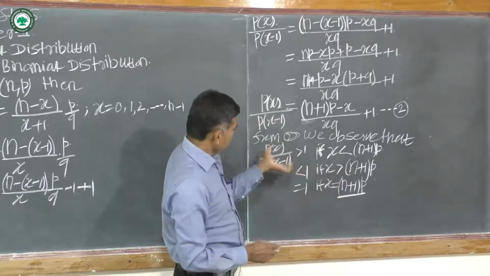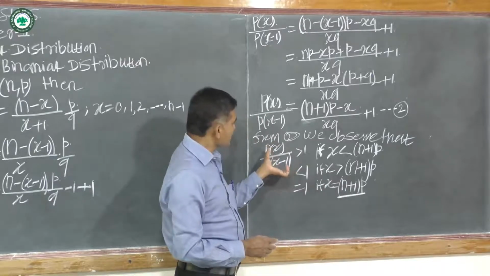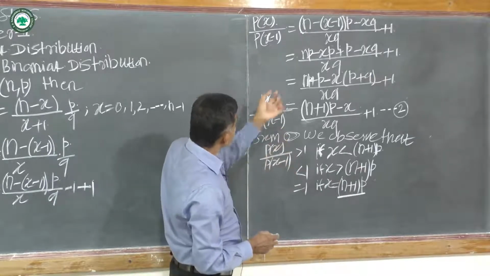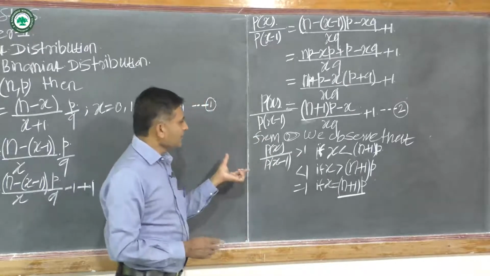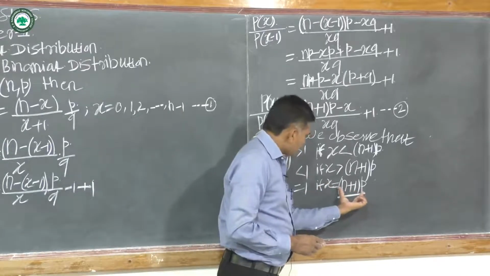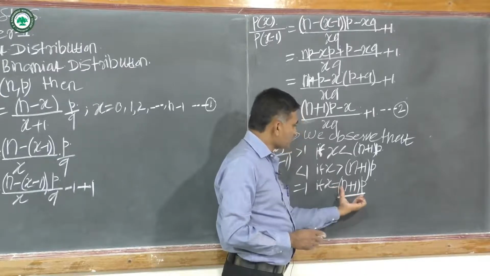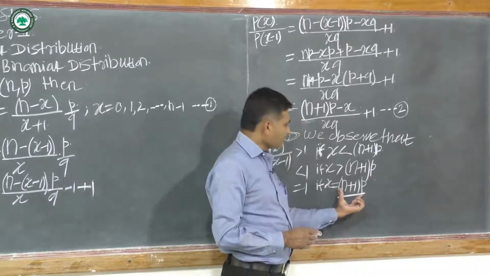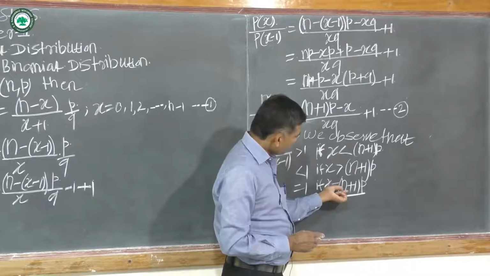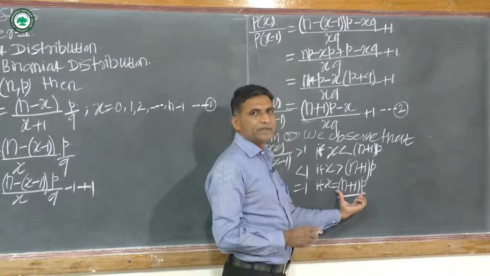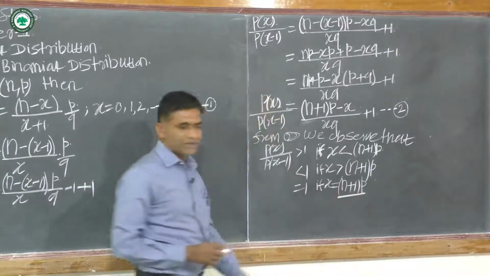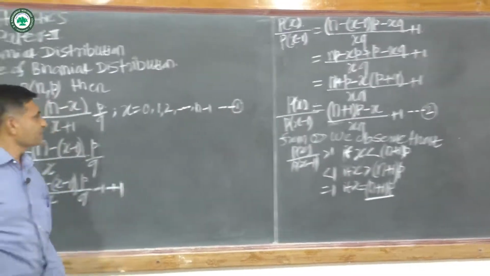Now we see two cases of the mode of the binomial distribution. The first case is if this term (n plus 1) into p is not an integer, and the second case is if (n plus 1) into p is an integer. Now first we consider the first case.